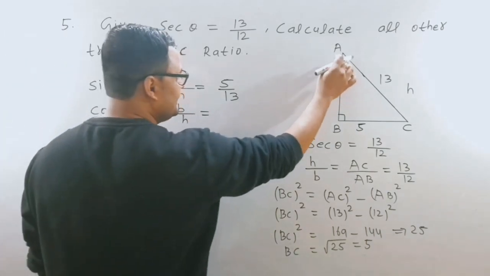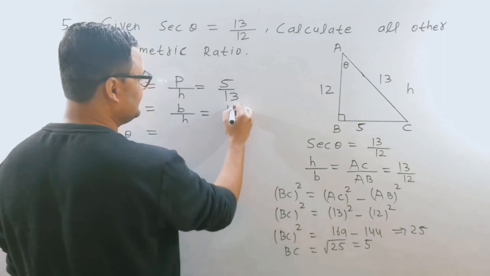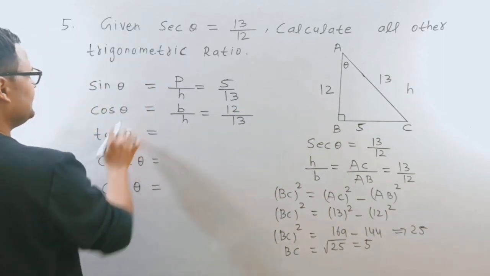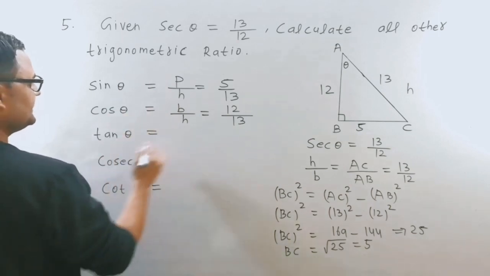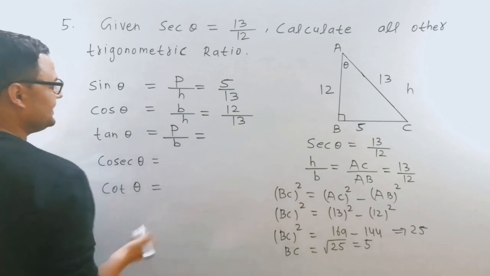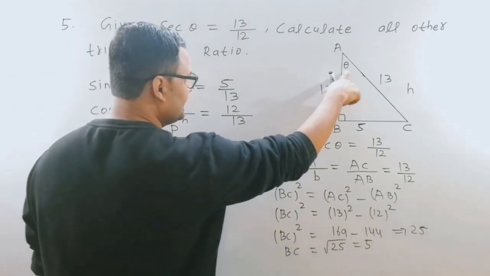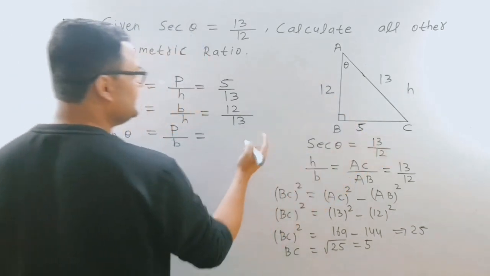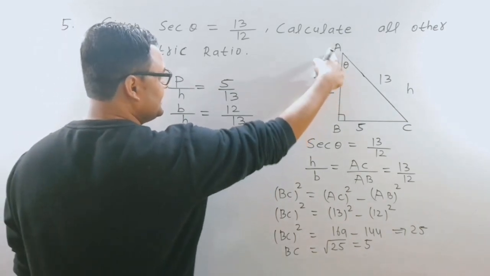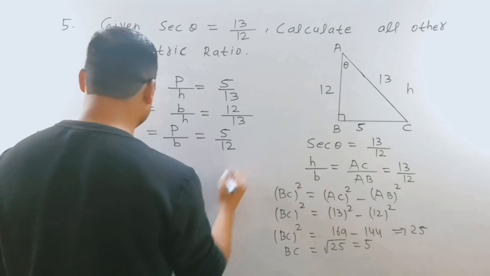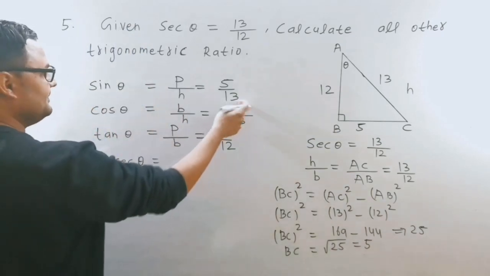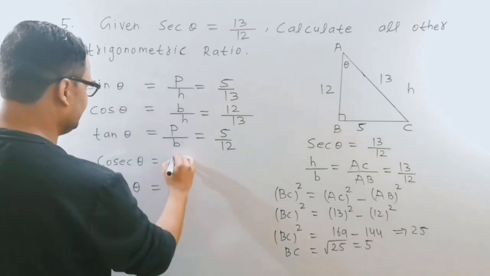Again for this theta, the base is AB, that is 12, and the hypotenuse is 13. Tan theta is sin theta by cos theta, or perpendicular by base. For this theta the perpendicular is BC, that is 5, and the base is 12, so 5 by 12. Cosec theta, reciprocal of sin theta. Simply we can do 13 by 5.